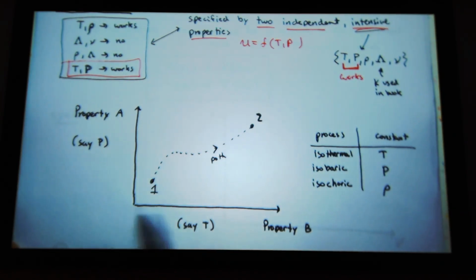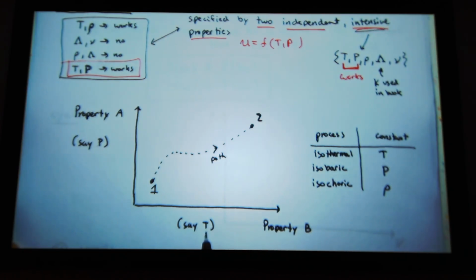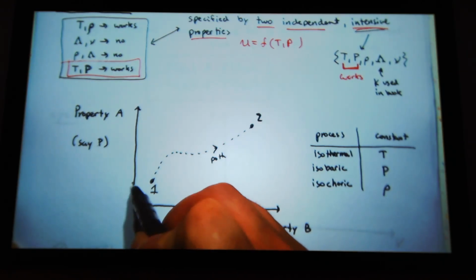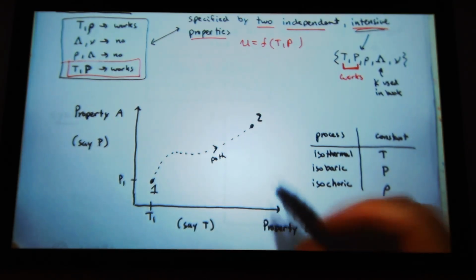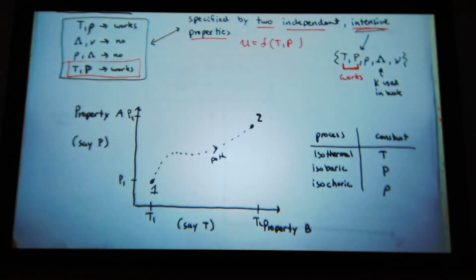And I've said that I'm going to do a diagram like this. Property A, pressure of the system. Property B, temperature of the system. So right here I know T1, P1. Right here I know T2, P2.